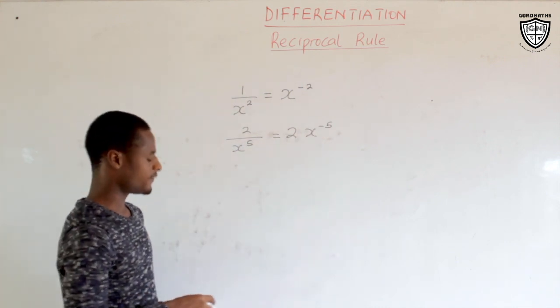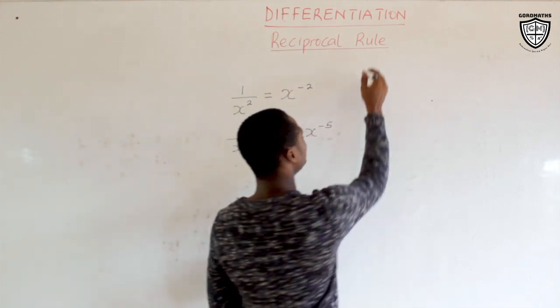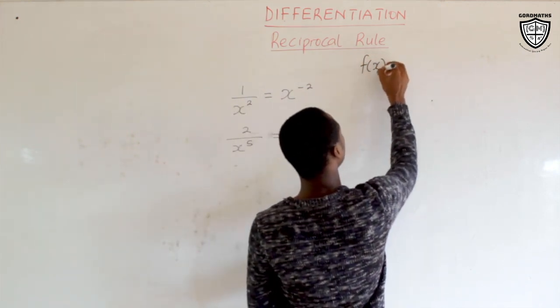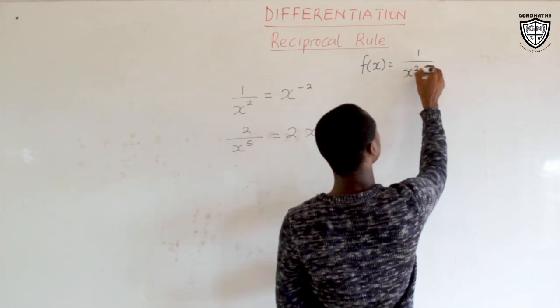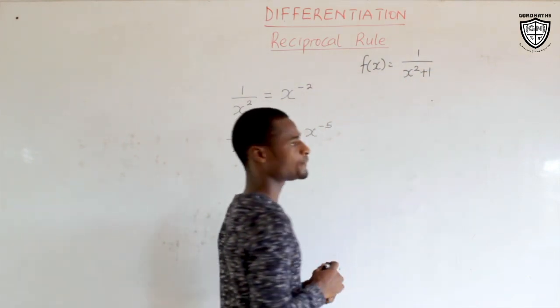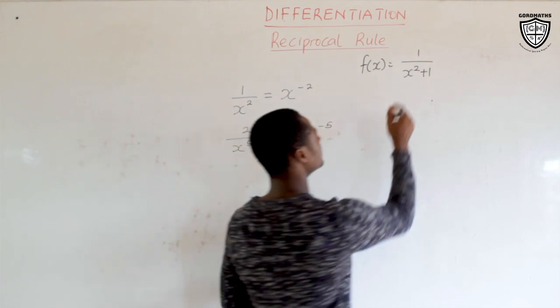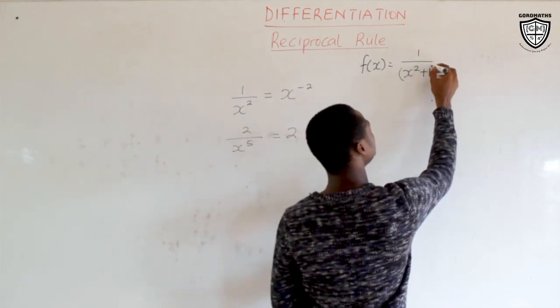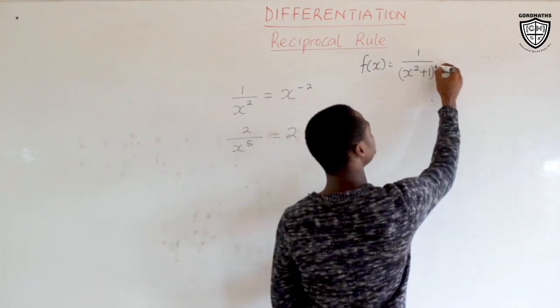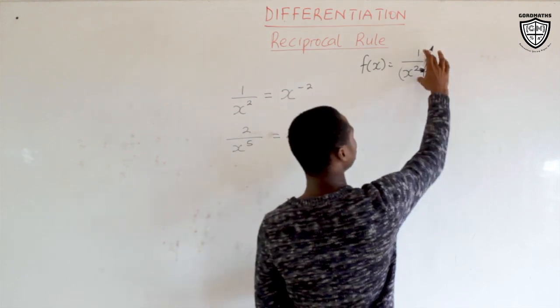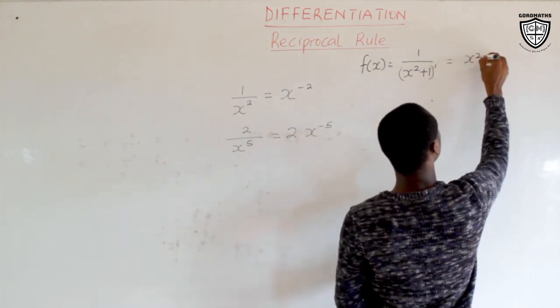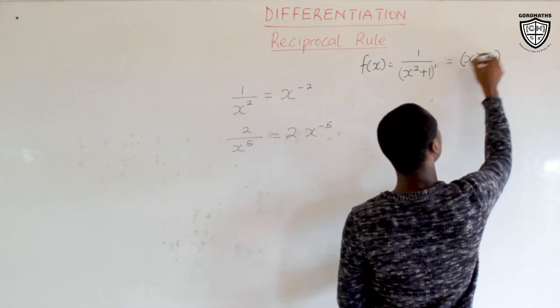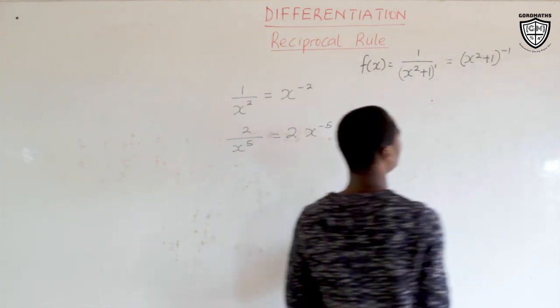Assuming we have the function f of x is equal to 1 over x squared plus 1. Then, since this whole denominator is raised to the power 1, we can write this function as x squared plus 1 all raised to the power negative 1.